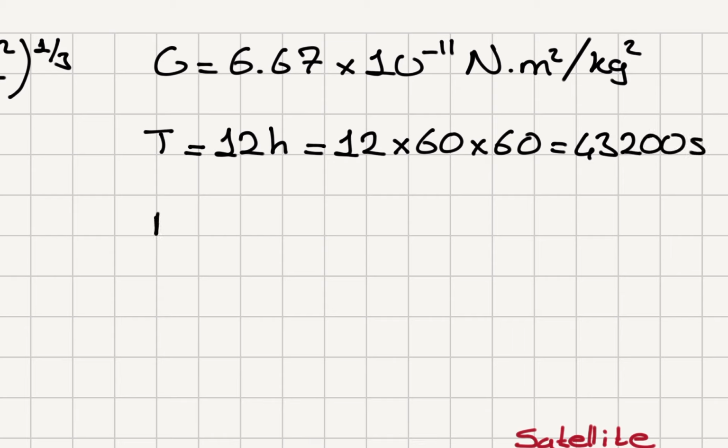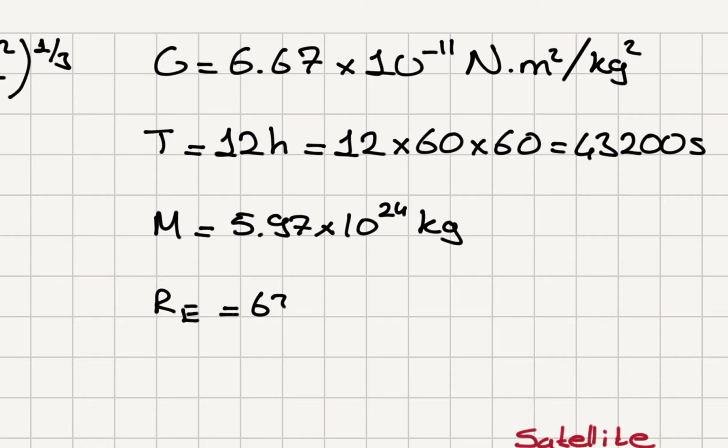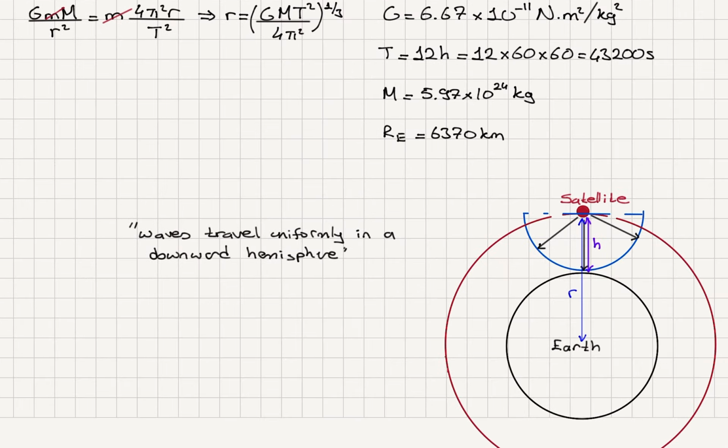The mass of the Earth, M, is 5.97 times 10 to 24 kilograms, and the radius of the Earth is 6,370 kilometers.